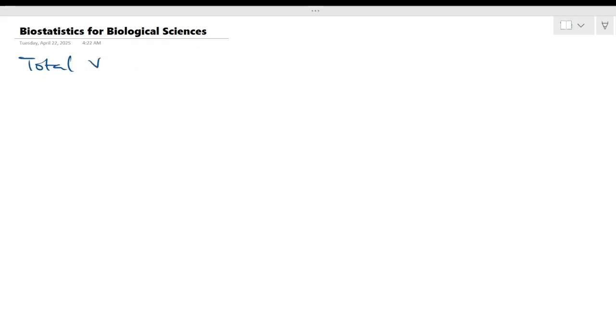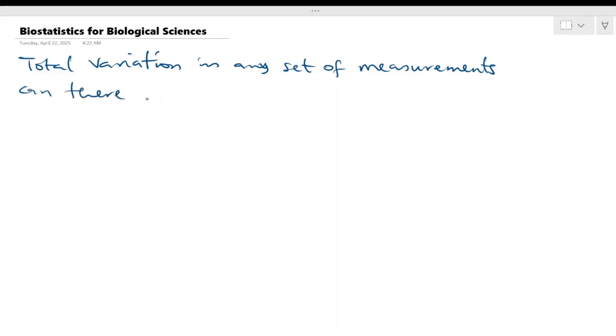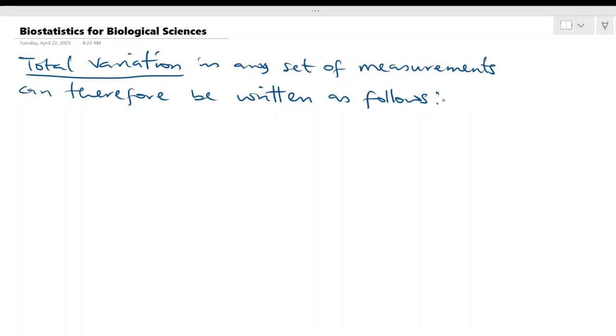So total variation in any set of measurements can therefore be written as follows.